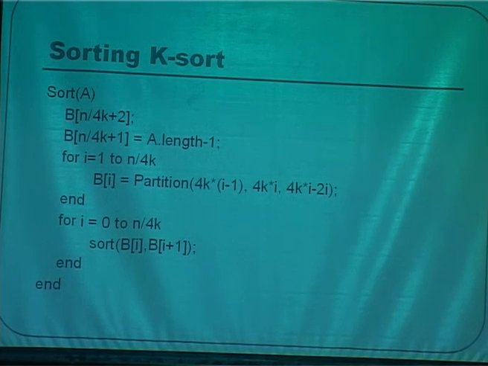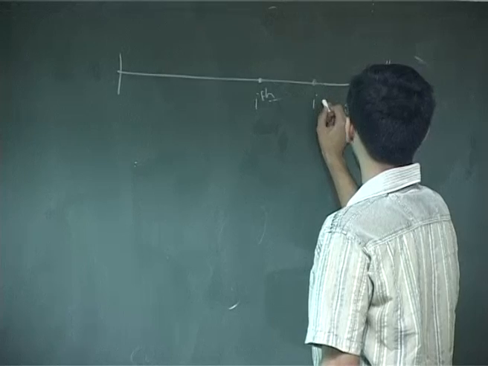Now, a k-sorted array has a property: suppose in the sorted array the element is at the ith position, in the k-sorted array it can be at max at the i plus kth position.